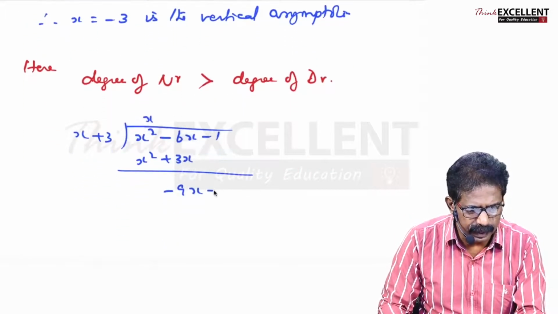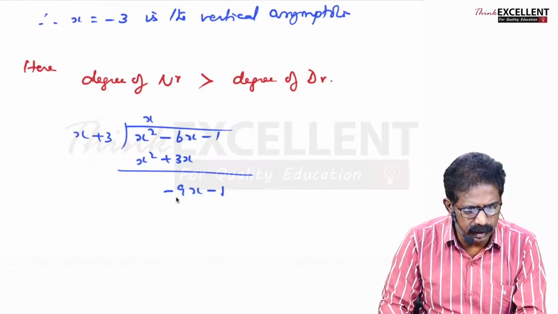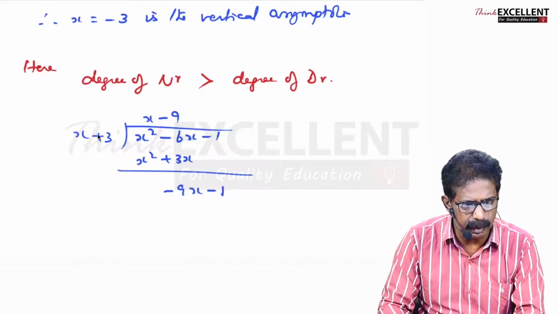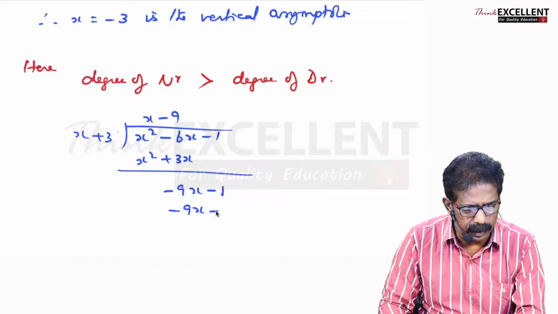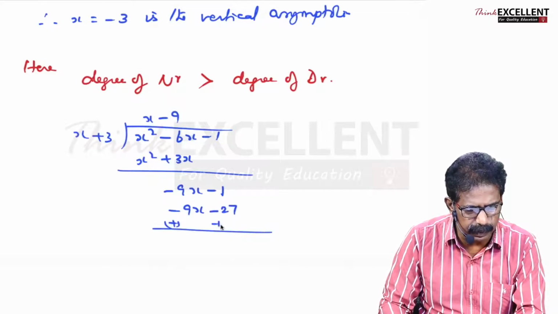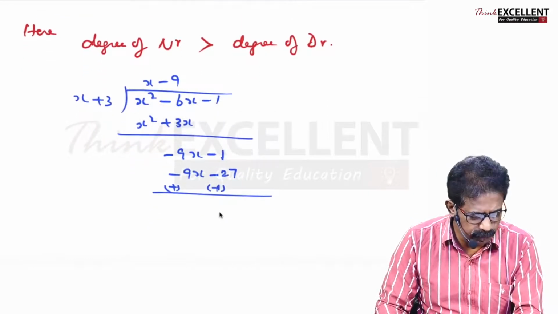So minus 9x plus 1. So now minus 9x divided by x is minus 9. Multiply by that minus 9 here, minus 9x. Minus 9 3s are 27. Change the sign, plus, and this becomes plus. 9x cancel. 1 plus 27 is 28.